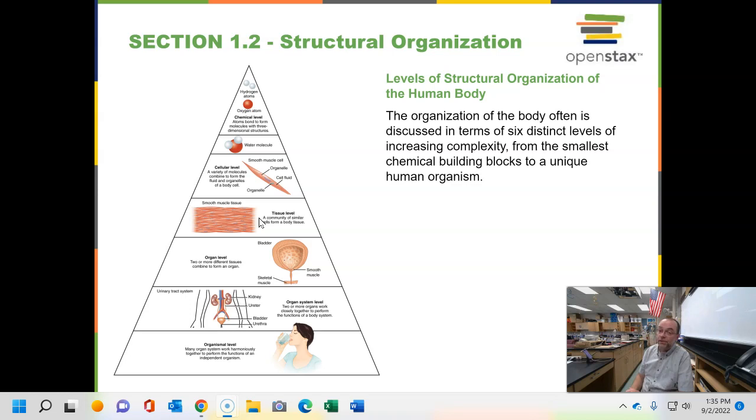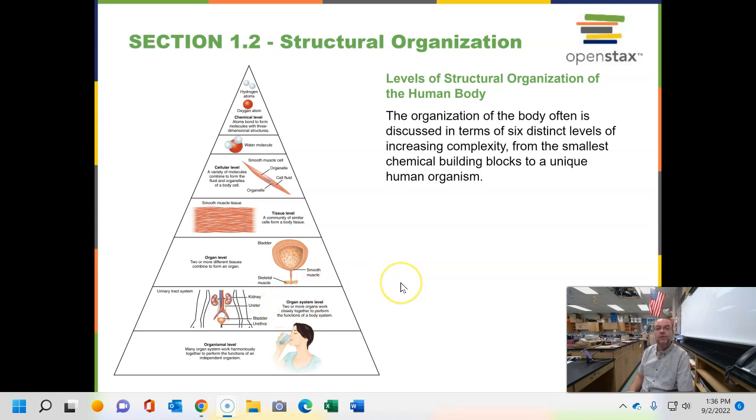Yes, your skin's considered an organ. The heart is an organ, okay? If you have a bunch of different organs that are part of the same system, the same network, we call those organ systems, okay? We're going to take a look at some organ systems in just a few minutes. And then you take all the different organ systems in the human, and it forms an organism, the entire human body.